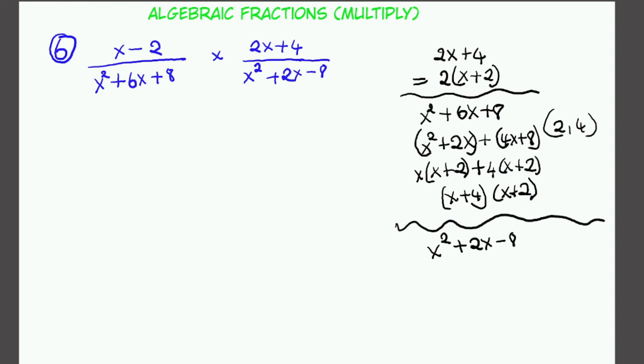Which two factors, when multiplied, will give negative 8, but when added, will give positive 2? You are correct. That is positive 4 and negative 2. Let's input these as coefficients of x.